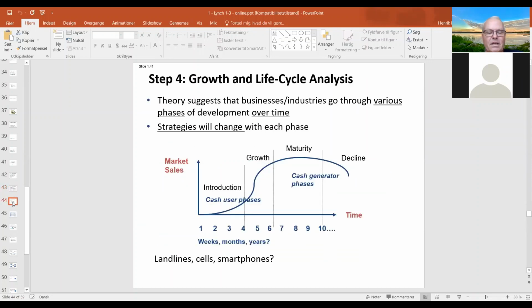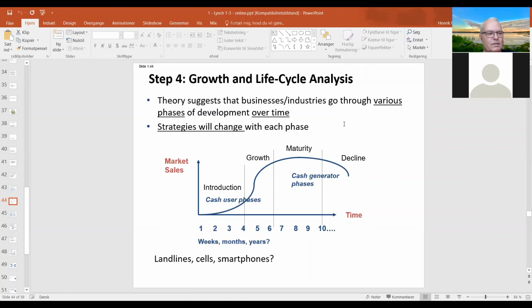Okay. The next one, step 4, growth and life cycle analysis. And then we'll have a break, I promise. Theory suggests that businesses or industries go through various phases of development over time, and strategies will change within each phase.